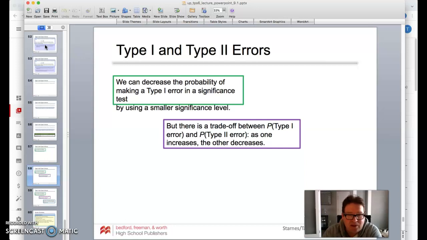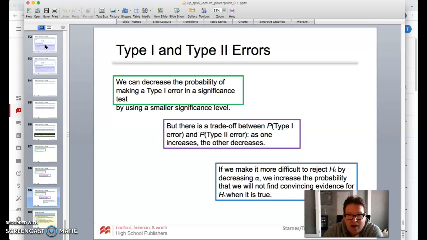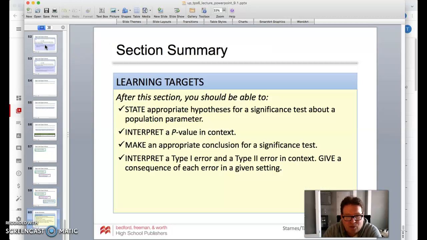We might decrease that, but then we might increase the probability of getting a type 2 error. If we make it more difficult to reject the null hypothesis by decreasing alpha, we increase the probability that we'll not find convincing evidence for the alternative hypothesis when it's true, and that's the downfall. So there's a balancing act that we have to work with.